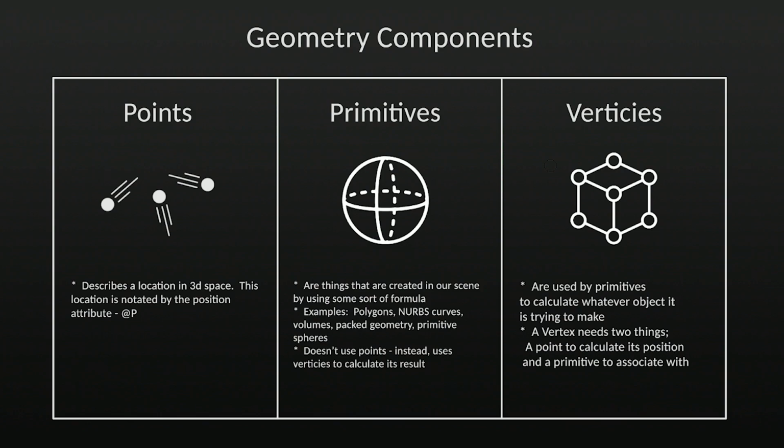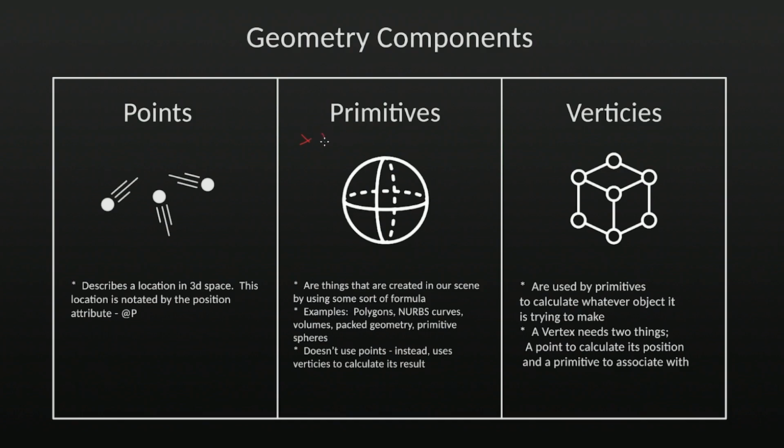So just to give a visual example of how this kind of thing might play out, let's say that Houdini is trying to draw out this primitive sphere. And there is some kind of mathematical equation that is responsible for drawing out this sphere.